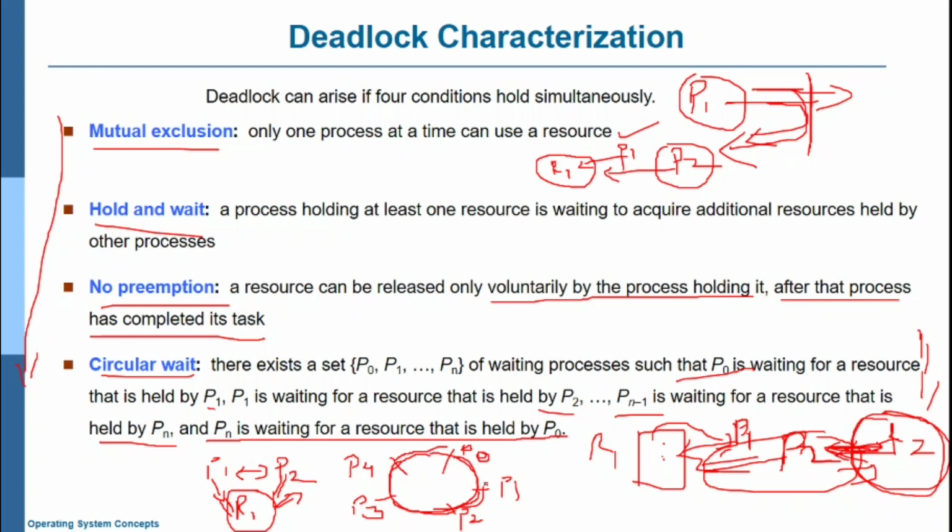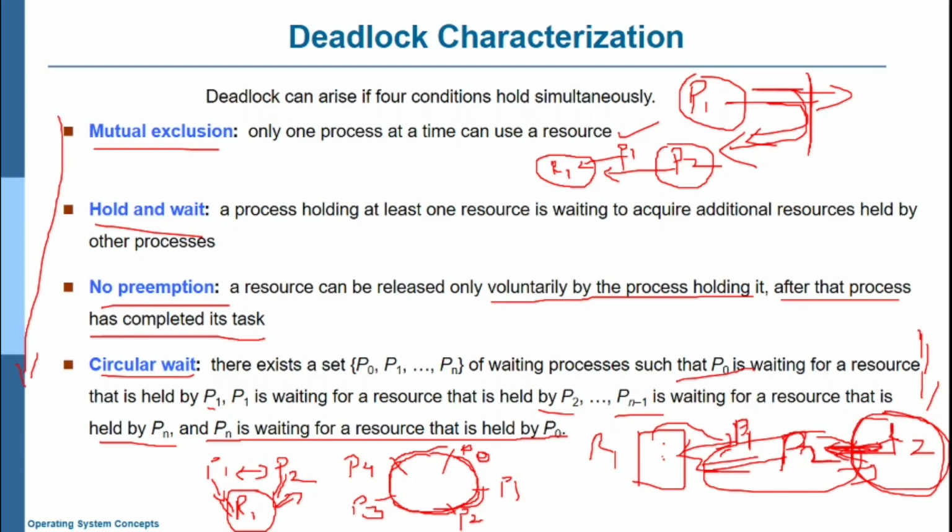This is the characterization of deadlock. Before a deadlock can arise, four conditions have to hold: mutual exclusion, hold and wait, no preemption, and circular wait.